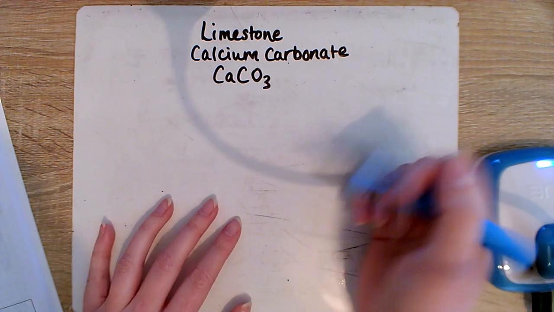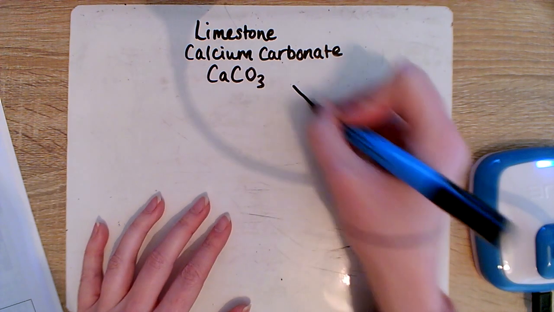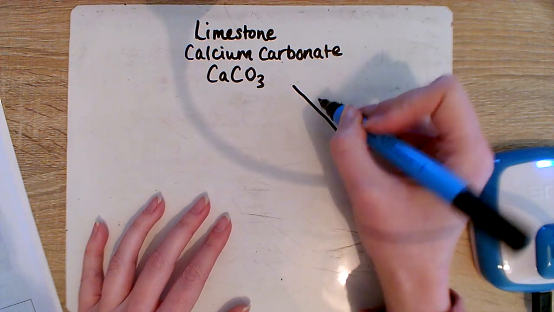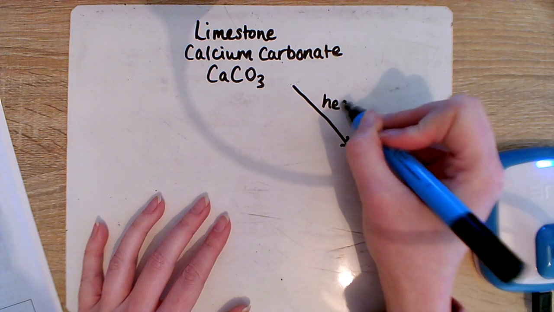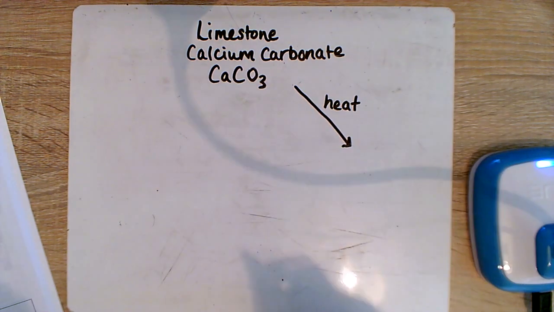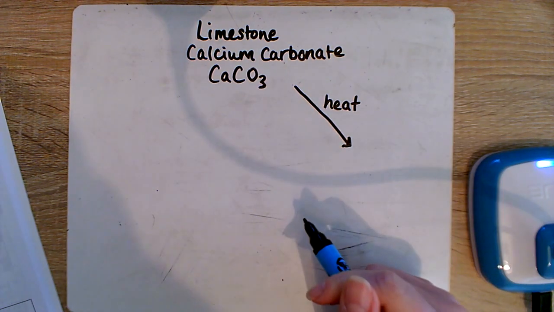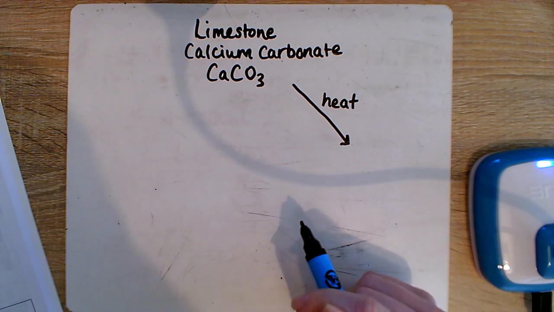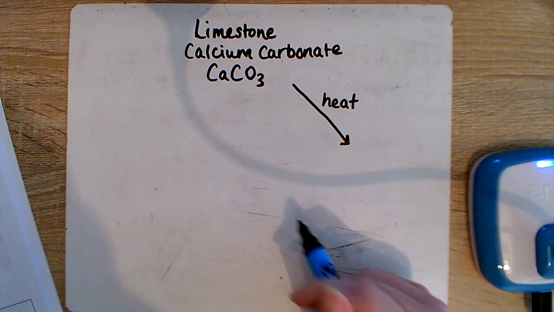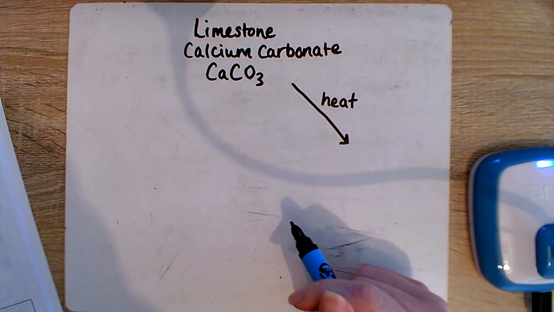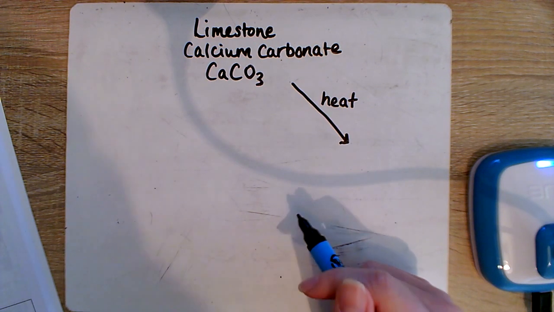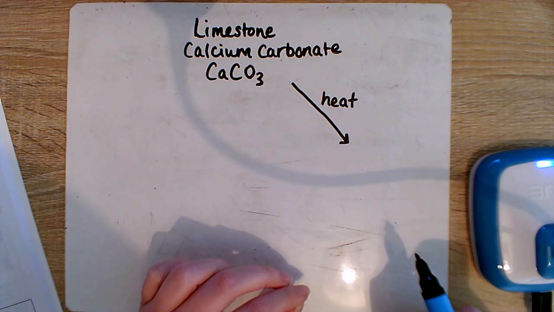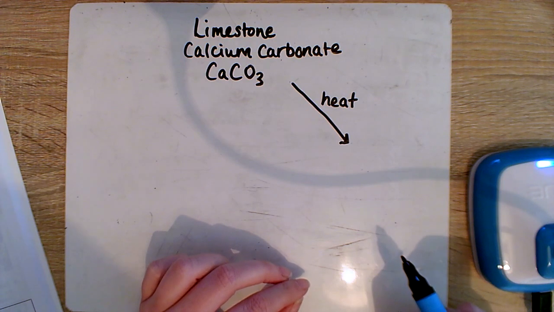Now, if we heat calcium carbonate up, we can produce another compound. And if you remember, if we heat up a substance and it breaks down into something else, it is an example of a thermal decomposition reaction, so heat to break something down. So if we heat it up, it breaks down into this compound which is called quicklime.